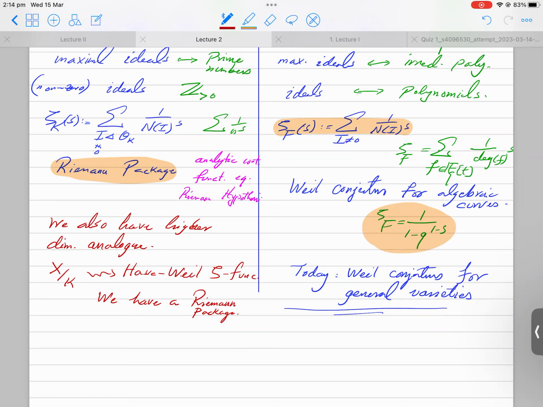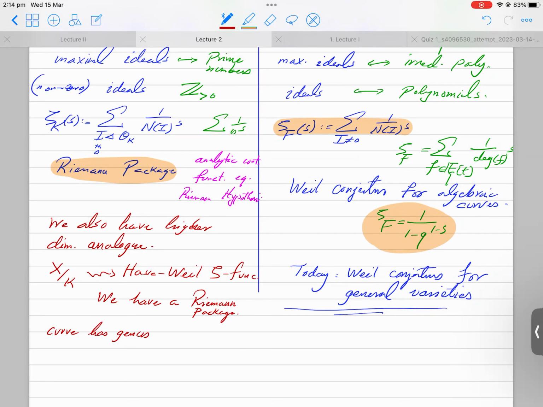Well, if your curve has genus 1, in other words an elliptic curve, the analytic continuation can only be proved using the Taniyama-Shimura conjecture proved by Weil.